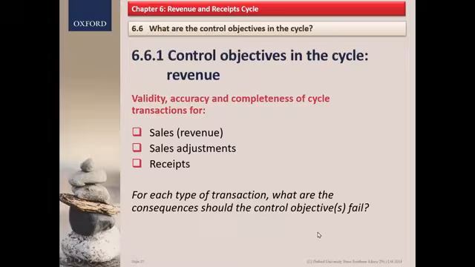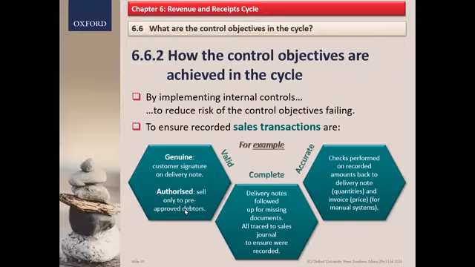If you look at these transactions, you must ask yourself what the consequences are should the control objectives not be met. The amount will be misstated, the cycle will be misstated, and the financial statements will be misstated, and one of the consequences is that the audit opinion will be modified accordingly.